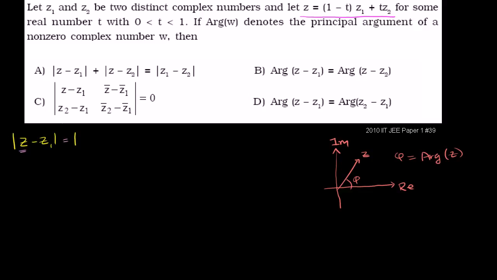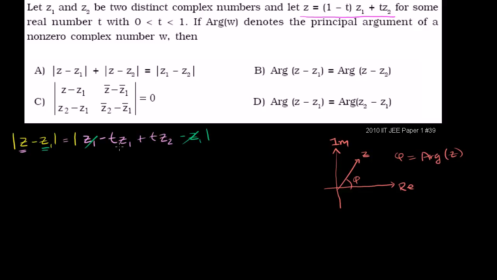So the magnitude of z minus z1 is going to be the magnitude of, let's do the z part first. z is this thing up here, and let me distribute the t. So it's z1 minus t z1, plus t z2. And from that, we want to subtract z1. So minus z1, and that and that cancel out.